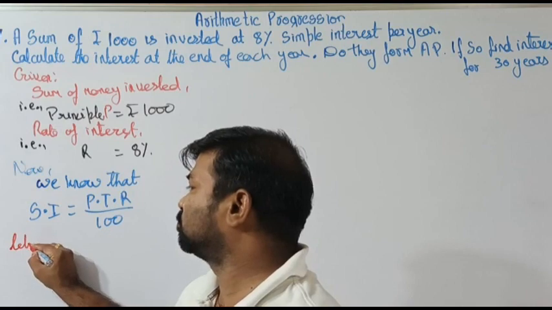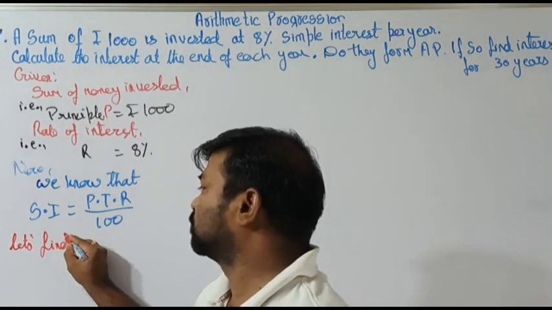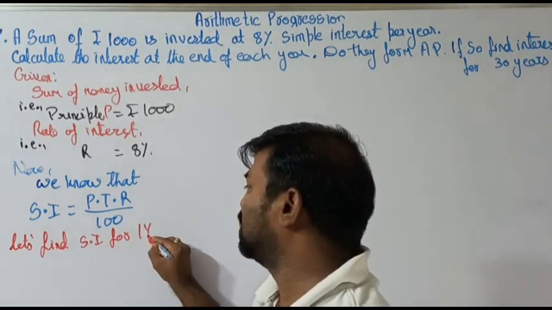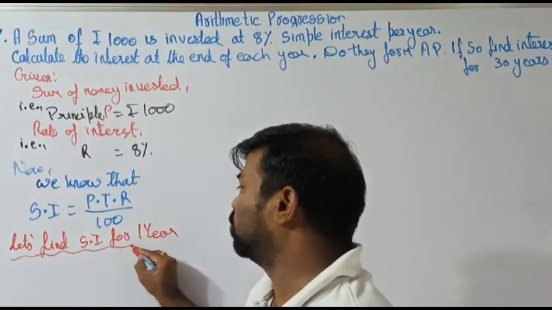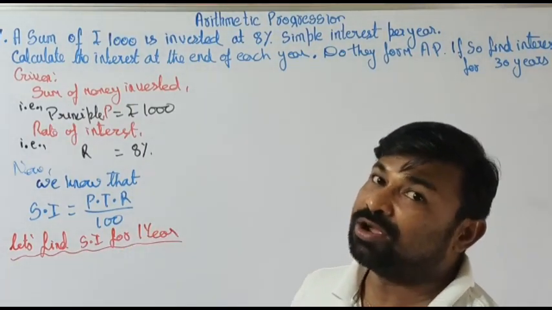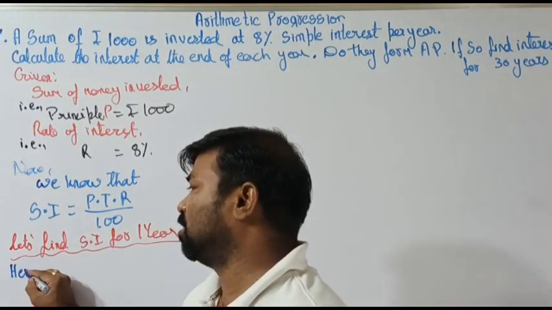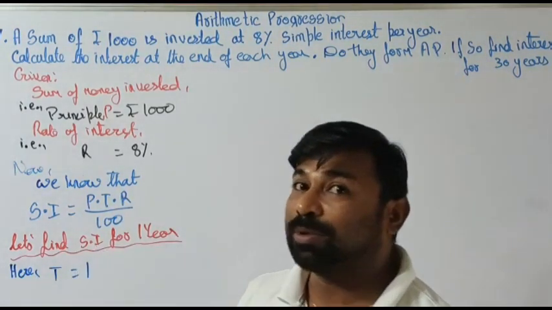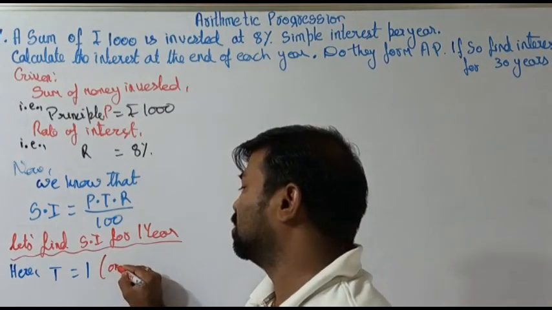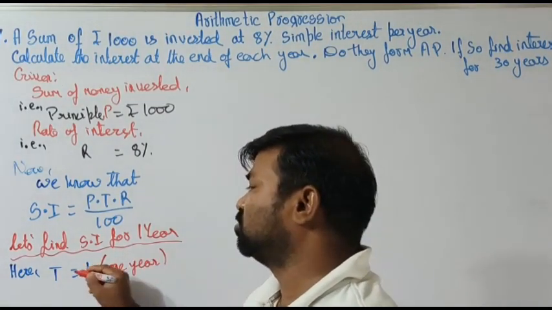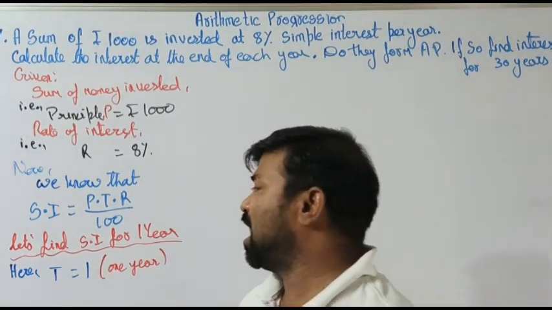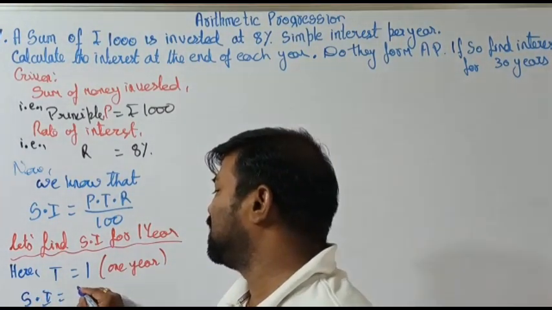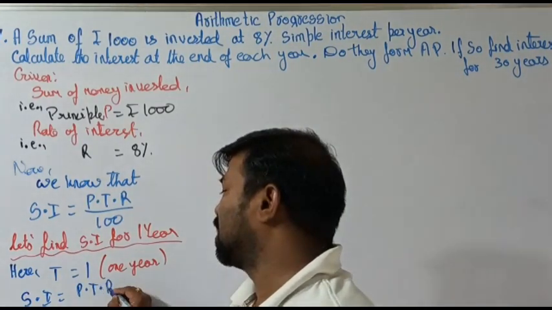Now let's find the simple interest for 1 year. Here you have to remember that the time period T is equal to 1, because it's 1 year. As it is 1 year, T becomes 1. Now, simple interest is PTR by 100.